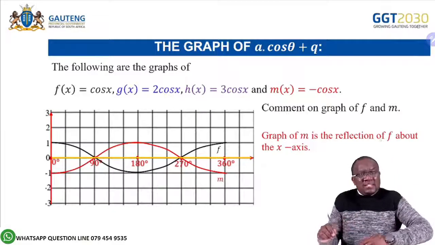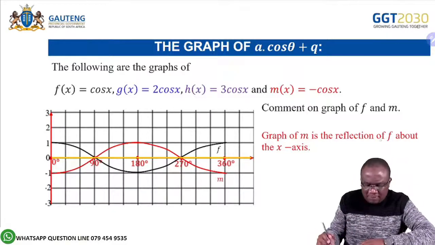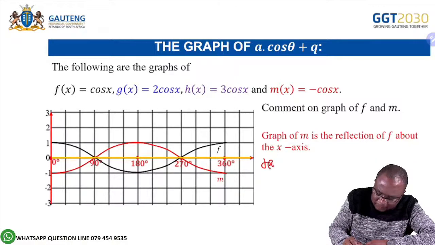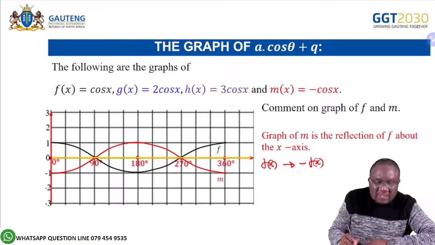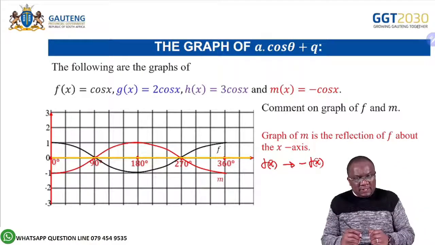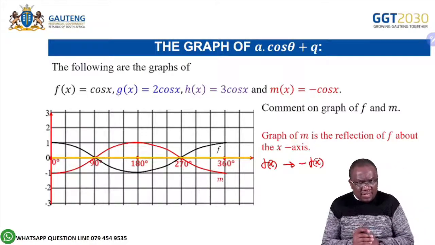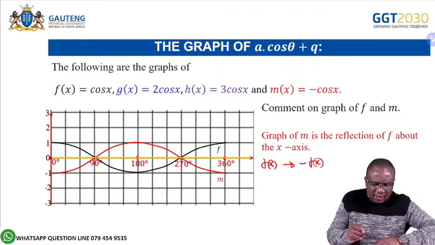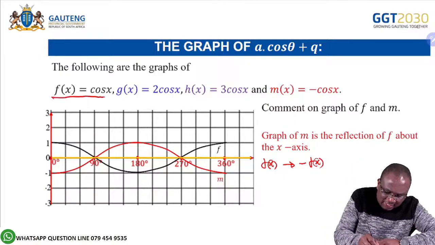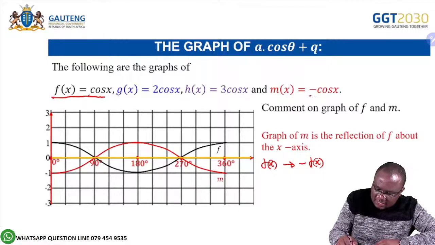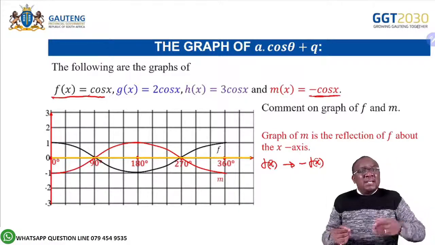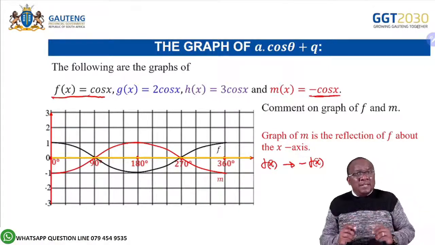The x-axis is the mirror. Remember that if f of x becomes negative f of x, then that's a reflection about the x-axis. If you check here, this is cos x, and here is negative cos x. That's a reflection about the x-axis.